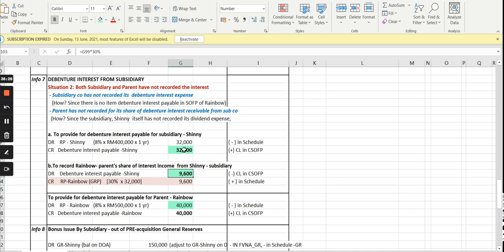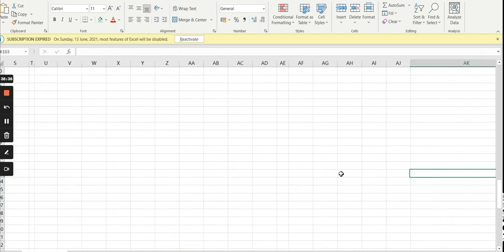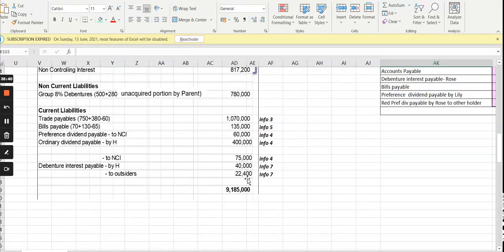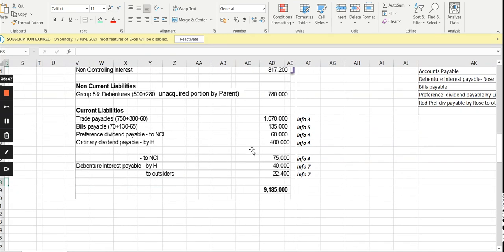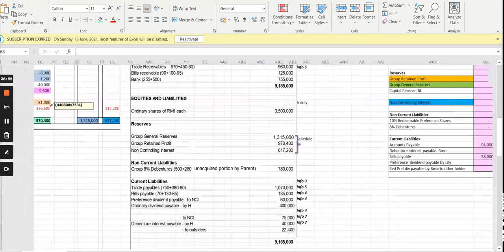So you will just report 32,000 minus 9,600 for the subsidiary. Okay. Right. Now you have your debenture interest payable by the parent 40, by the subsidiary to outsiders 22,400. Done with the whole statement.